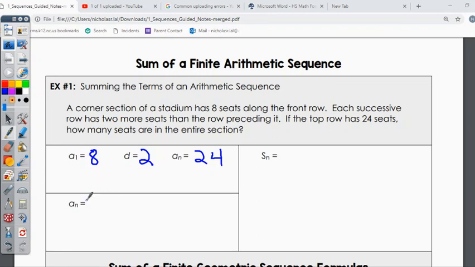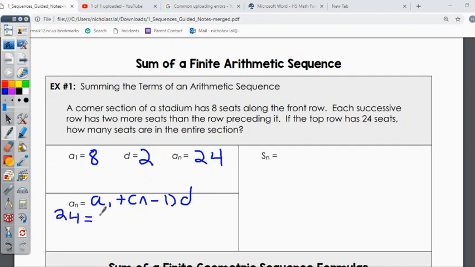So now we need to determine how many terms are in the sequence, right? Because we don't know the number of seats. So we can use our formula. AN is equal to A1 plus, make sure I get my operations right, plus N minus 1 times D. So AN, in this case, we know AN is 24, is equal to A1.